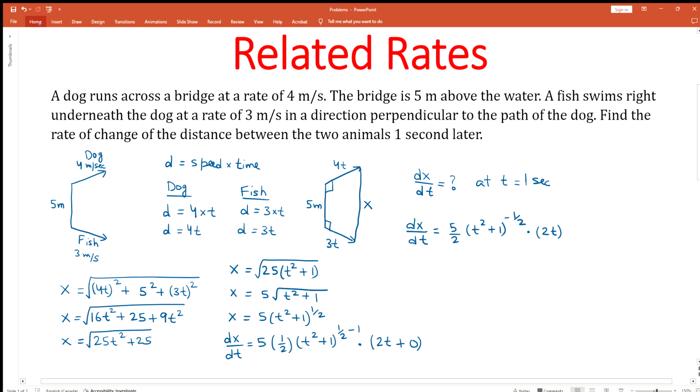So we should sub in t as 1 in this equation. One squared plus 1 is equal to 2. 2 times 1 is 2.